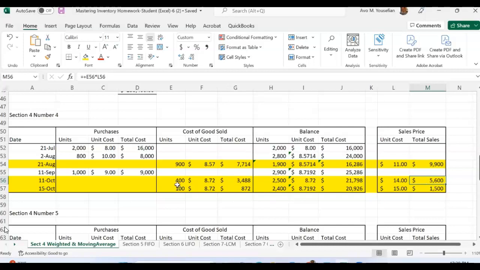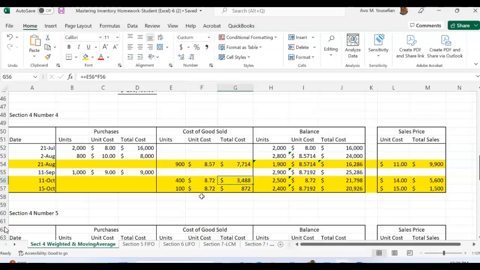But what is your cost of goods sold? The cost of goods sold is 400 units that you sold, multiplied by what? By this average cost. So if you click here, you see that is I-55. I-55 is that line right there.